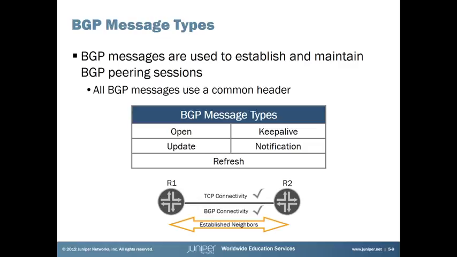You'll note here that they all use a common header, which is basically always part of every communication. Message types: we've got open messages, update messages, keepalive, and notifications. So once we've got this peering established, these messages can be sent.